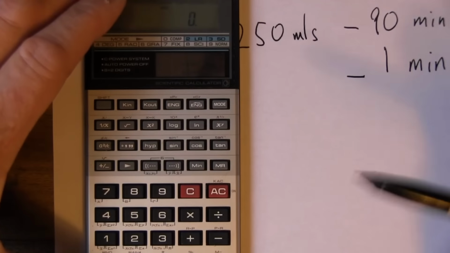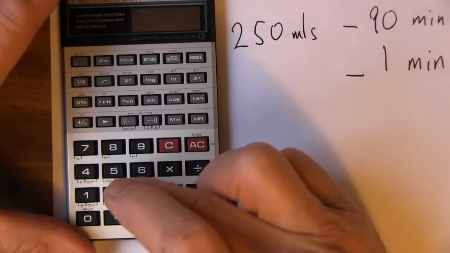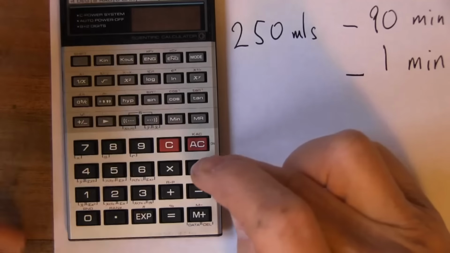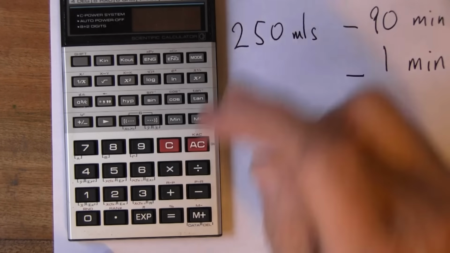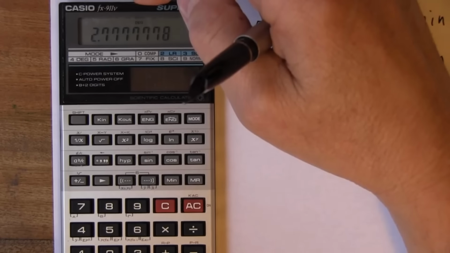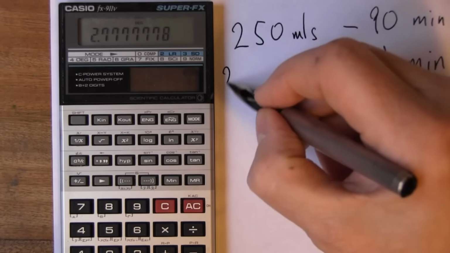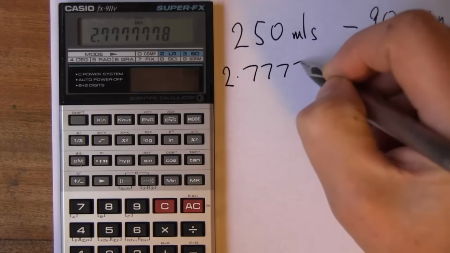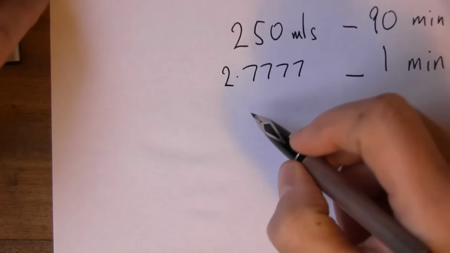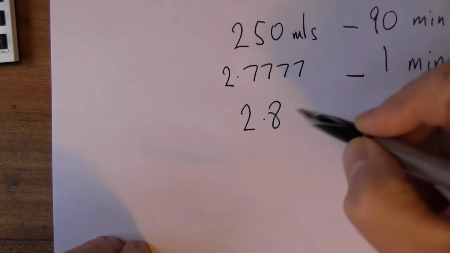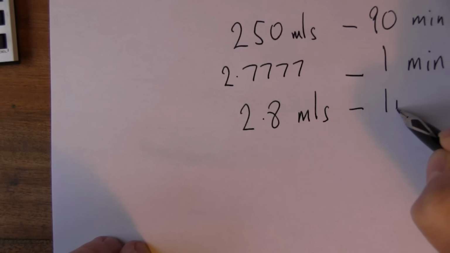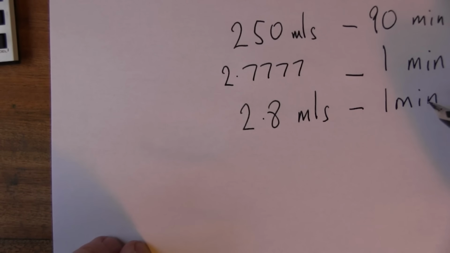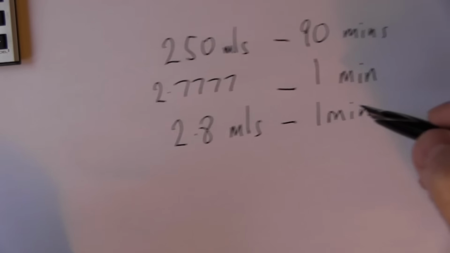So I need to do the same with this side. So that's going to be 250 divided by 90, and that equals, as we see there, 2.777. So to 1 decimal that would be 2.8 mils per minute that we would set the volumetric device to give.